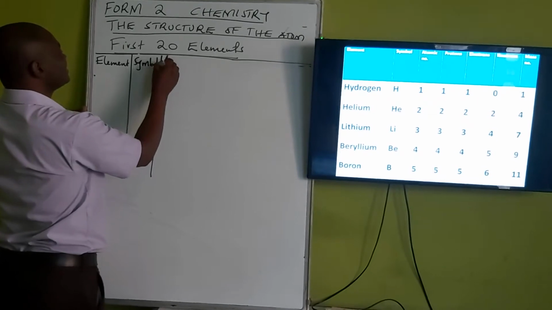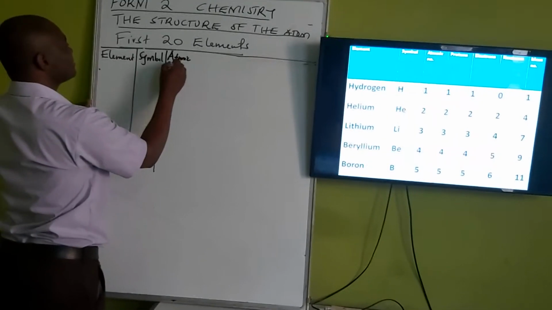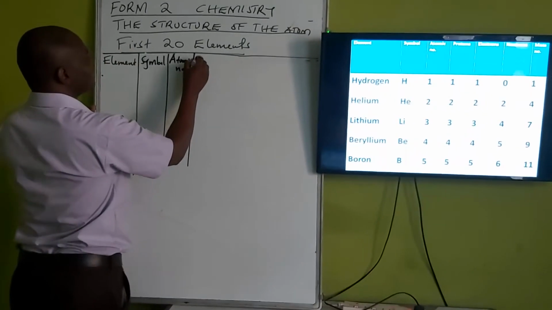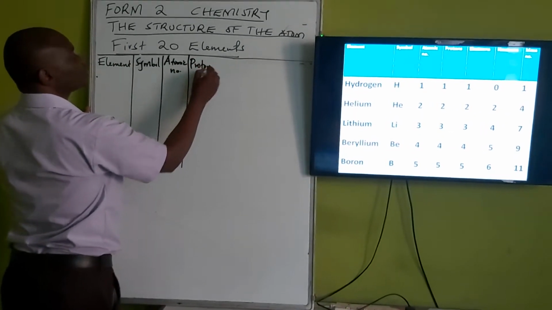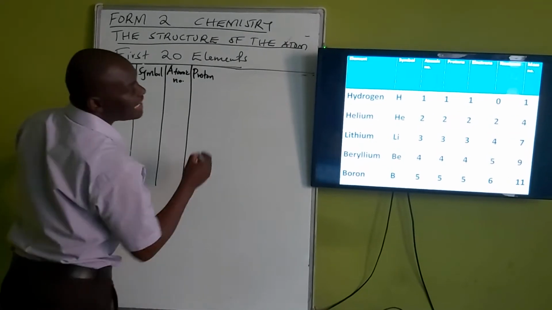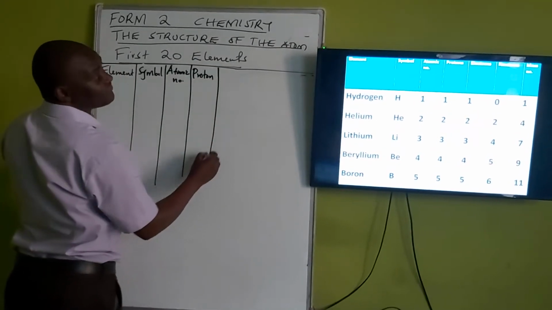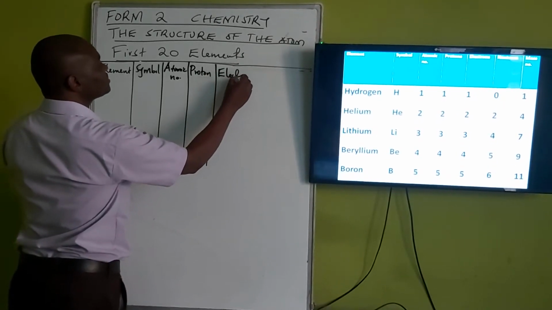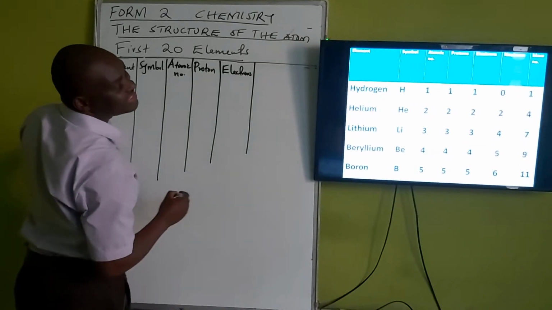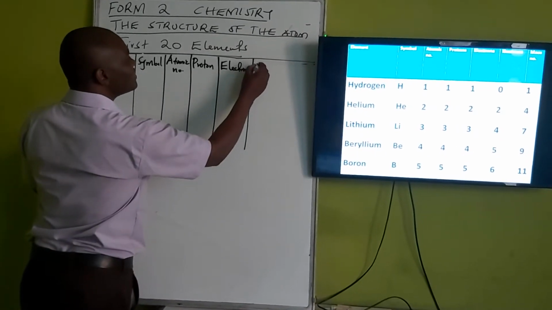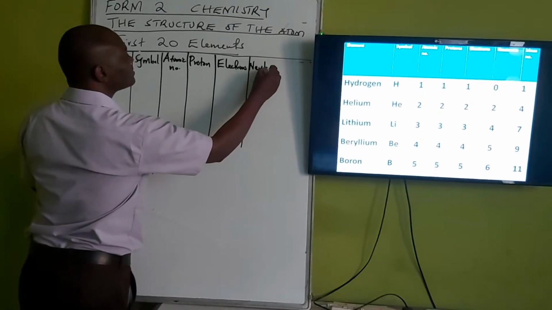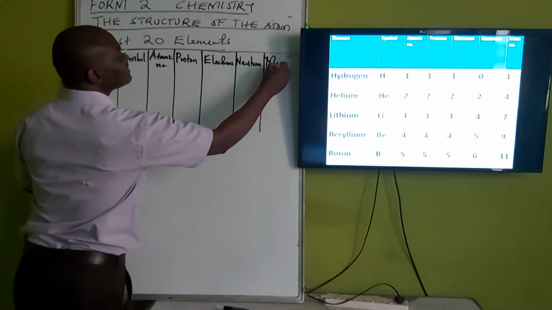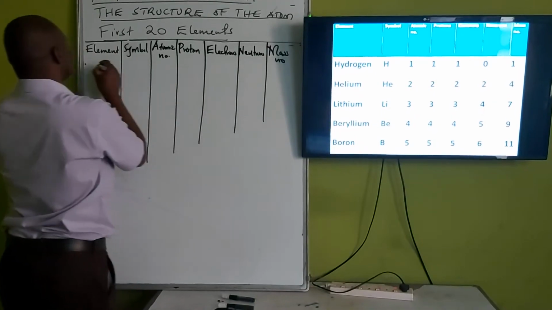The third column is the atomic number. We've talked about the atomic number. The third is the number of protons. The fourth is the number of electrons. The fifth column, the number of neutrons. The sixth column is the mass number.